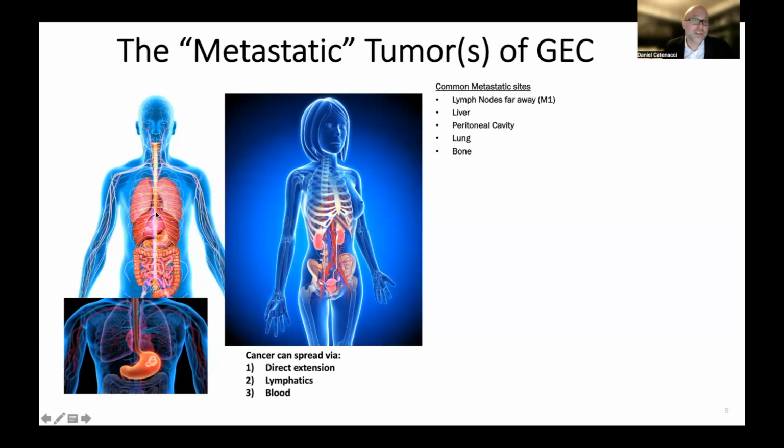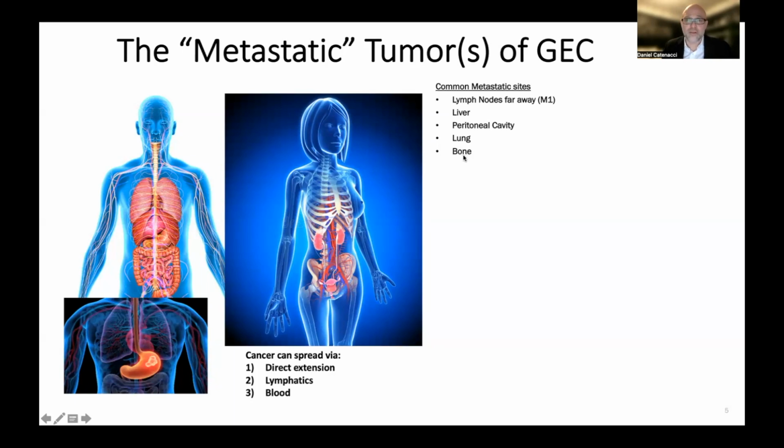In the lower GE junction and the stomach, all of the blood drains directly through the liver first before coming back up to the heart. And so liver is very common in stomach, GE junction and lower esophagus cancers, whereas in the upper and middle esophagus, they tend to spread directly back and then through the lung.